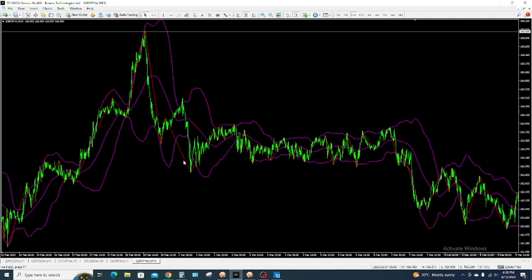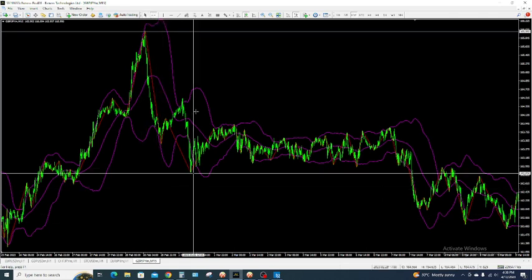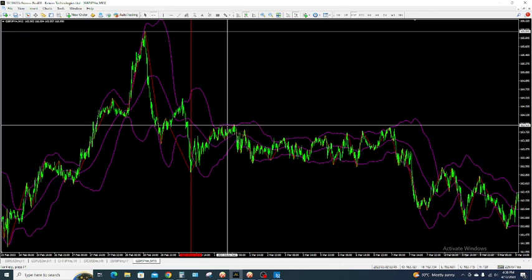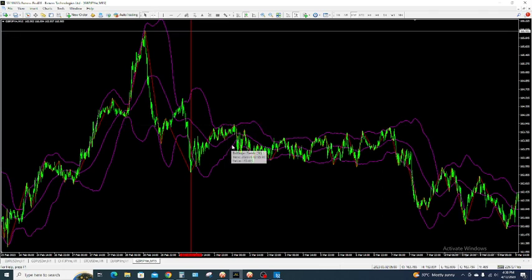So we are starting from the 1st of March. When you look at the 1st of March, I say when we have a contraction of the 15 minutes Bollinger Band, the upper and the lower Bollinger Band contracts.